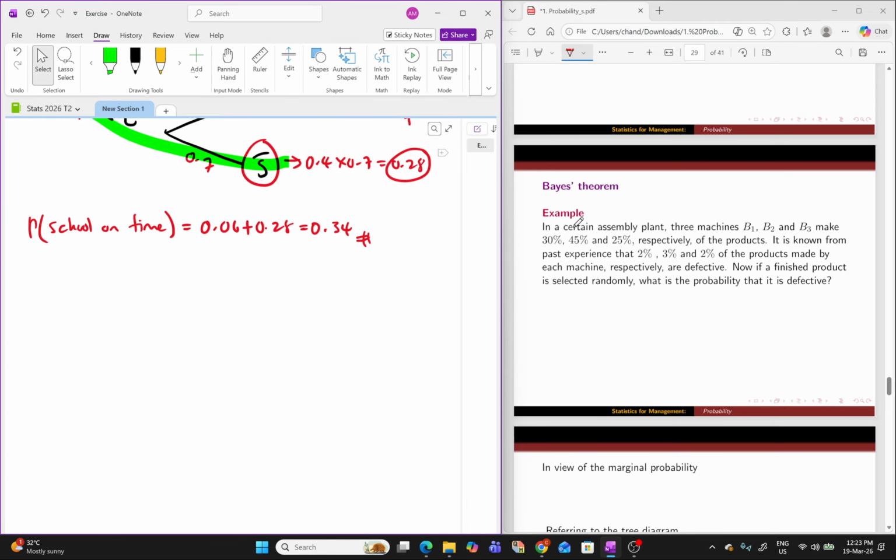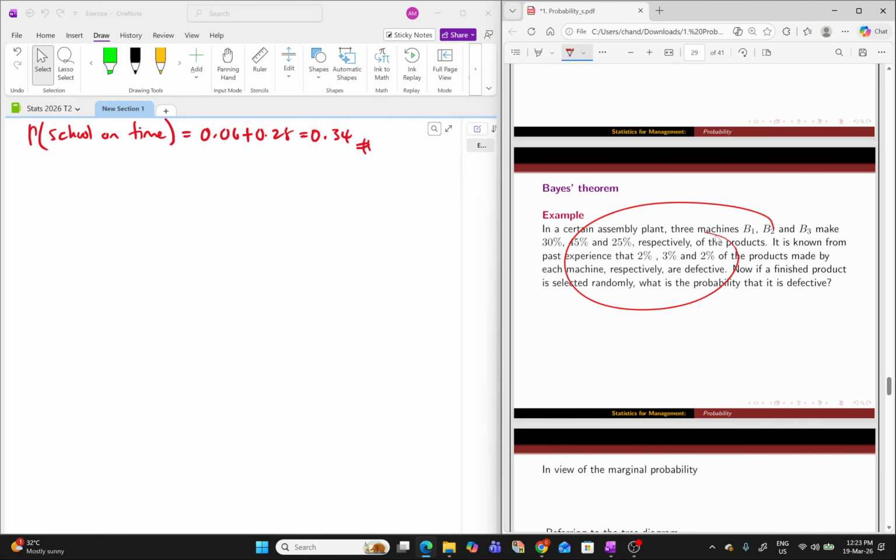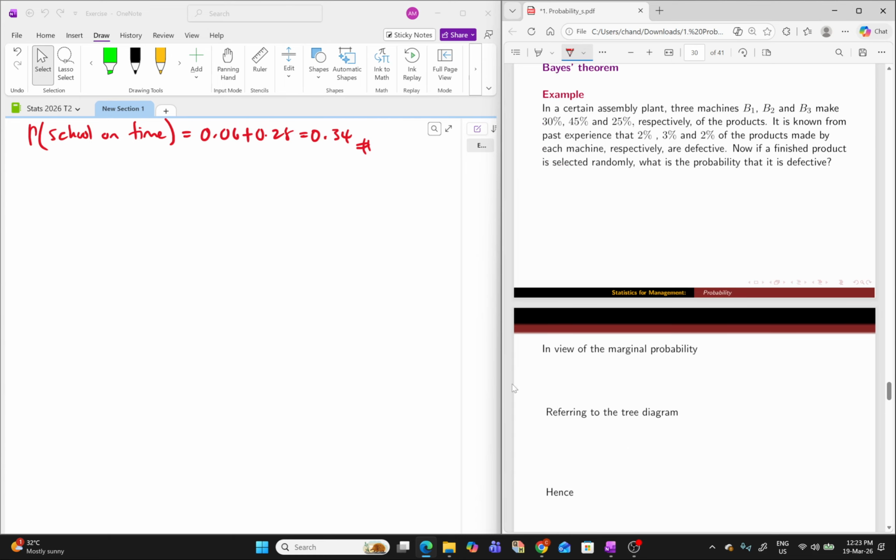Before I go on with Bayes, I need to get some information from here. There is some part here you have to fill up. As I mentioned in the class, I will share a Google Drive.